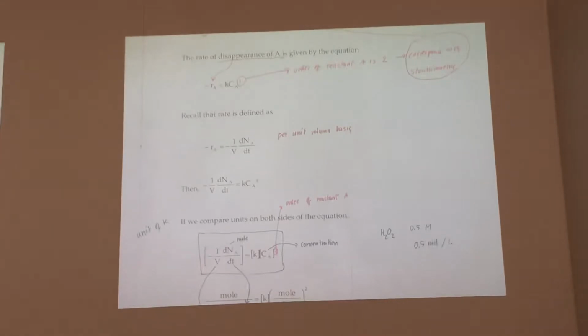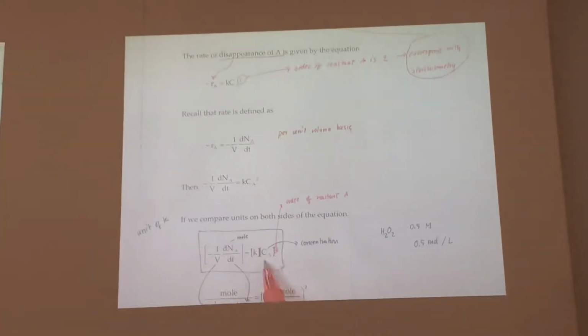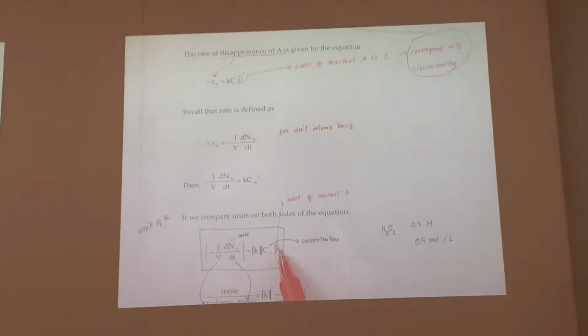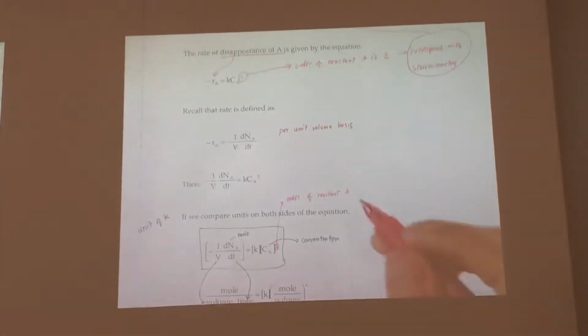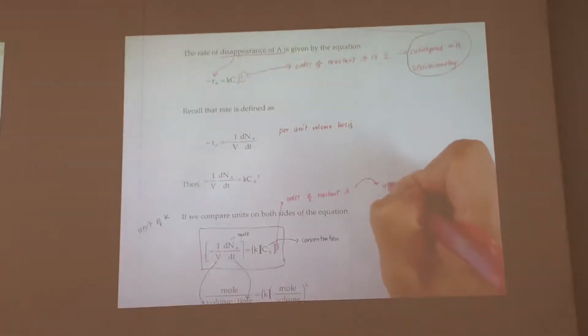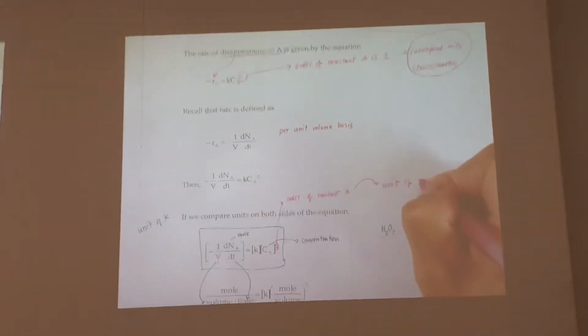But the thing that can vary is the order of reaction. It can be 1, 1.5, 3, 5, 10, etc. So the power here will mainly reflect on the unit of k. This will impact the unit of k.